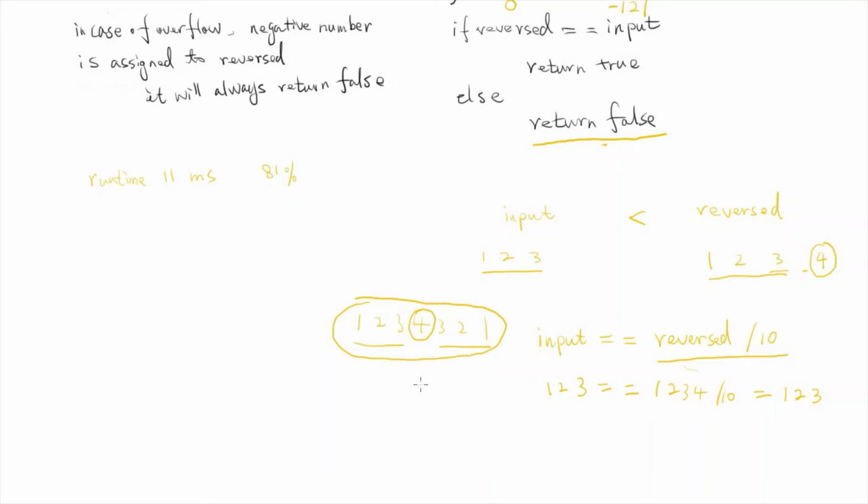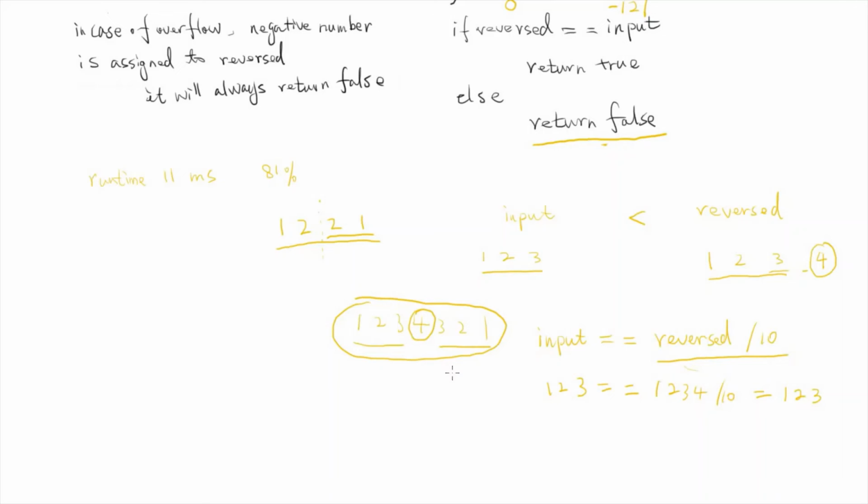So we already analyzed solution 2 with 2 scenarios. The first scenario is 1, 2, 2, 1. After we move half of the digits from the input to reversed, we can conclude that this integer is a palindrome.